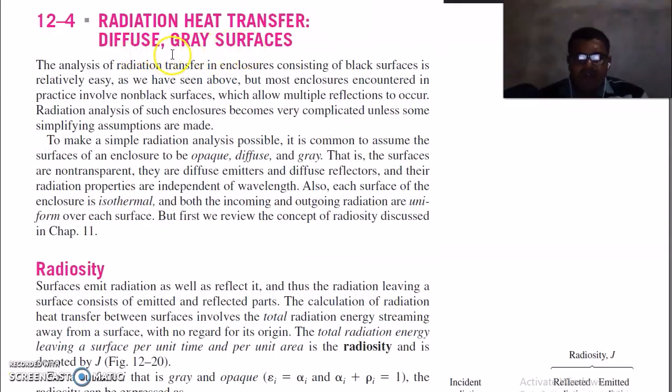Radiation heat transfer, diffuse gray surfaces. The analysis of radiation heat transfer in an enclosure consisting of black surfaces is relatively easy, as we have seen above, but most enclosures encountered in practice involve non-black surfaces, which allow multiple reflections to occur. Radiation analysis of such enclosures becomes very complicated unless some simplifying assumptions are made.